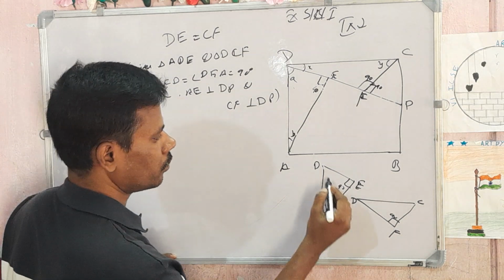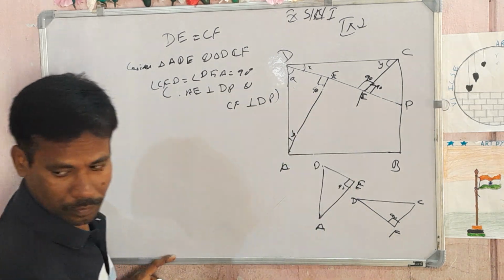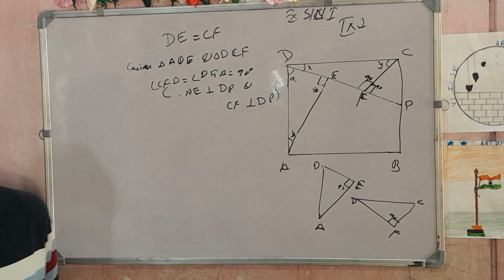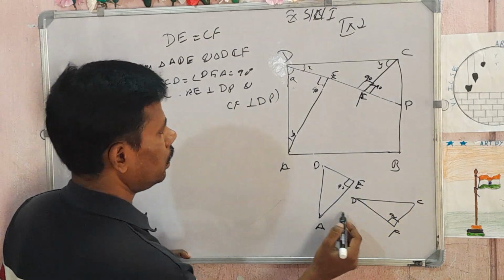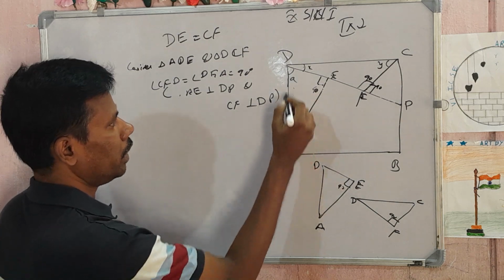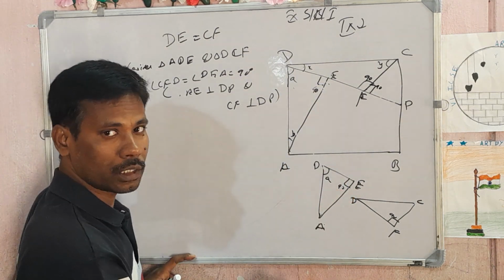Now, this D, and what is given? So ADF, this is A, right?